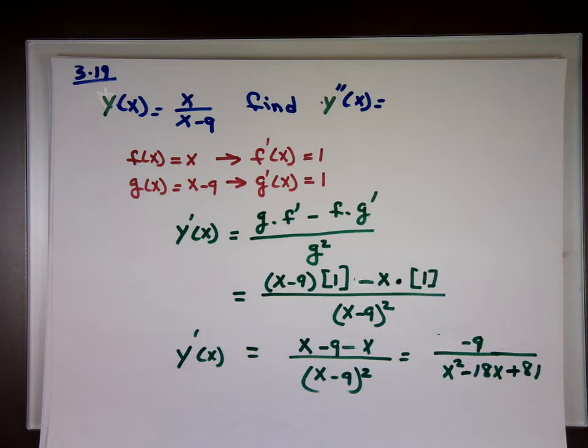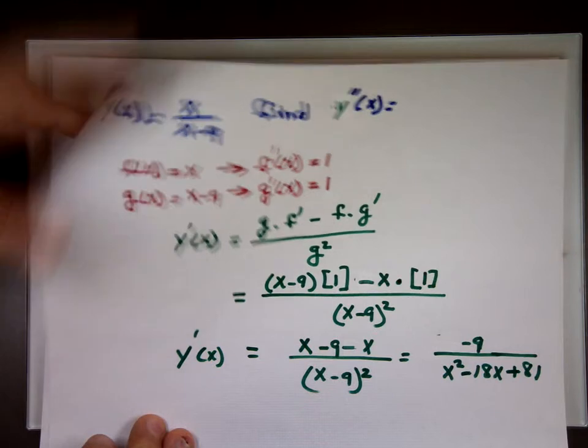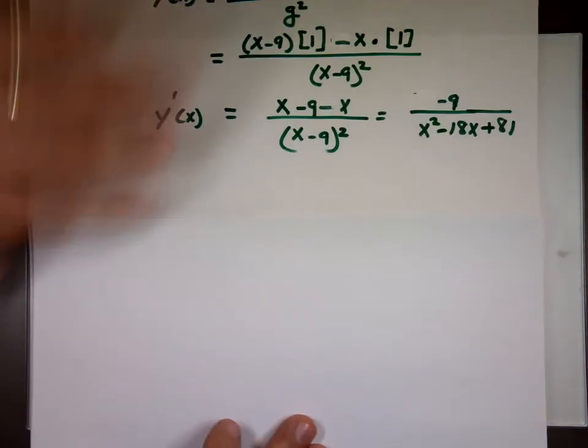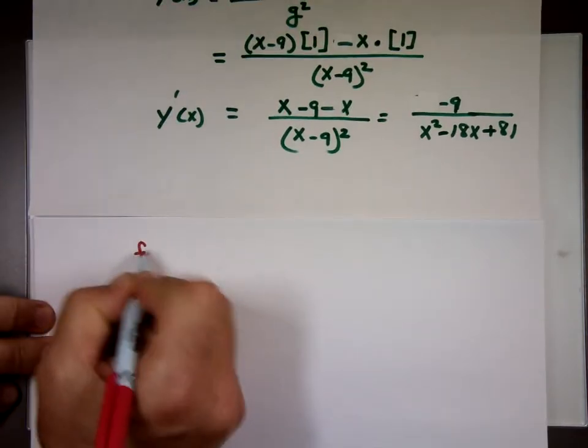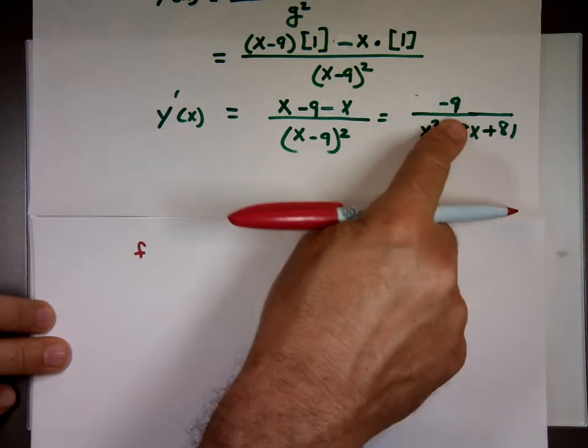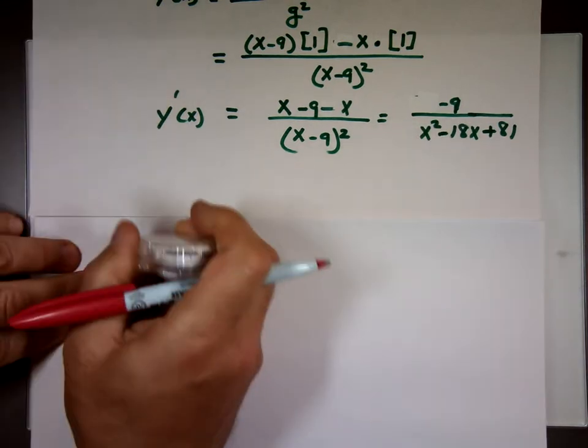So now we're going to take the derivative of this. We're going to repeat the process. Let's do it again. So let's look at this function. Let me write it down actually, so I don't have to keep looking on the other piece of paper.